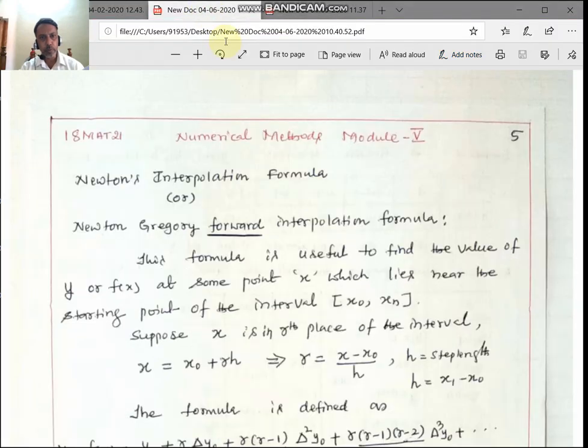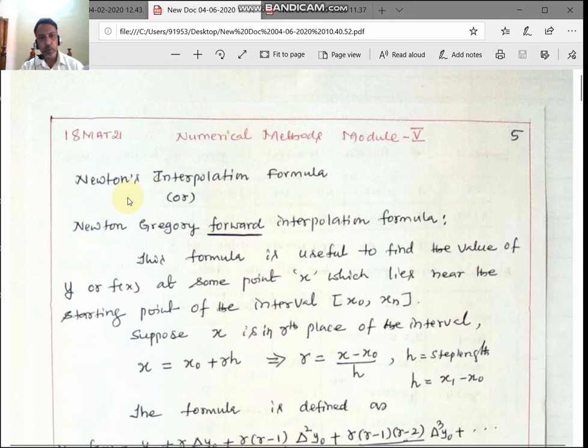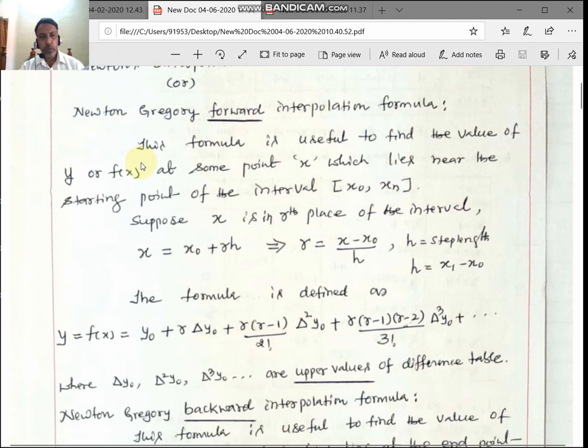And further, let us understand Newton's interpolation formula, or Newton's Gregory forward interpolation formula. This is one such formula we can use to estimate the function when x is given near the initial point of the interval. That is, this formula is useful to find the value of fx at some point x which lies near the starting point of the interval.